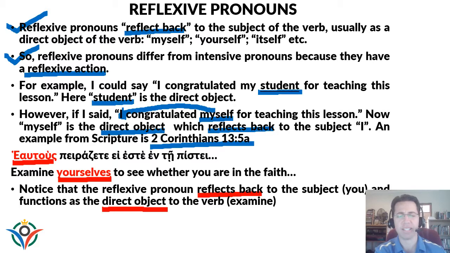All right, so I hope that just clarifies the difference between an intensive pronoun and a reflexive pronoun. Intensive pronouns, again, will emphasize the subject of a sentence, whereas the reflexive pronoun has more of a reflexive action, reflecting back to the subject of a specific sentence.